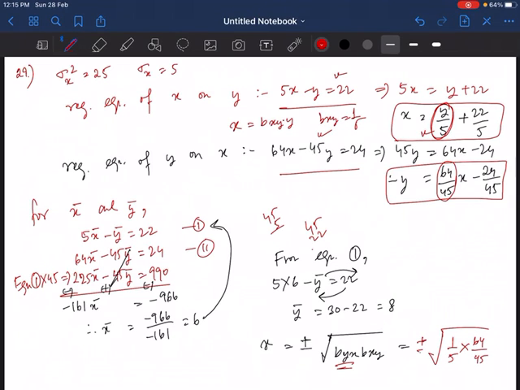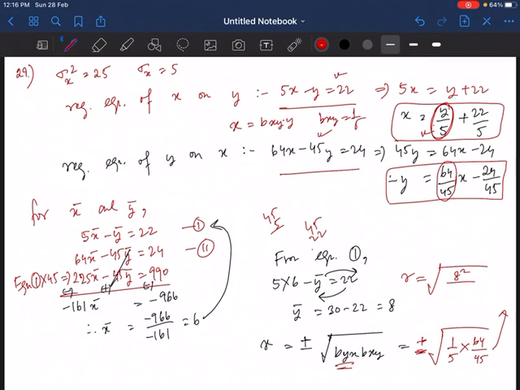One thing I see, both the coefficients are positive. bxy is positive, byx is also positive. If both are positive, r will also be positive. So r will be root over of bxy into byx. 64 is 8 square.